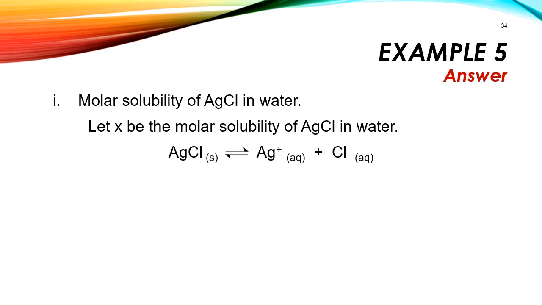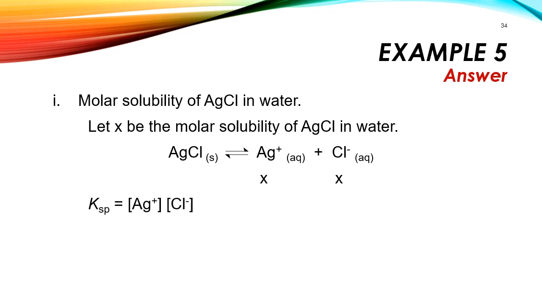Writing the solubility equilibrium expression, argentum chloride, a slightly soluble salt, dissociates to form argentum plus aqueous ion and chloride aqueous ion. Since the solubility is assumed as x, 1 mole of argentum plus ions is equal to 1x, and 1 mole of chloride ion is equal to 1x.